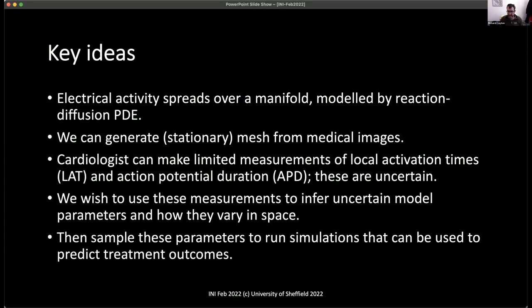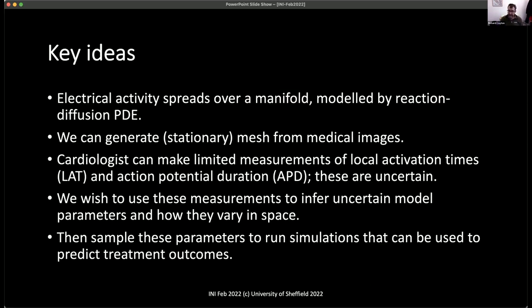So just to summarize some key ideas. In the heart, electrical activity spreads over a manifold. We can model that by a reaction diffusion PDE. I haven't talked about this, and I won't say much more, but we can generate meshes for our simulations from medical images.